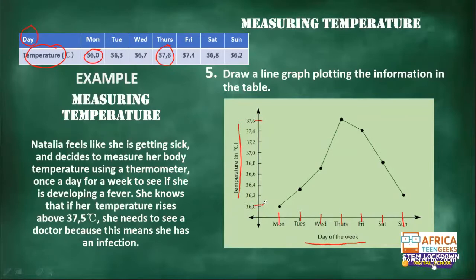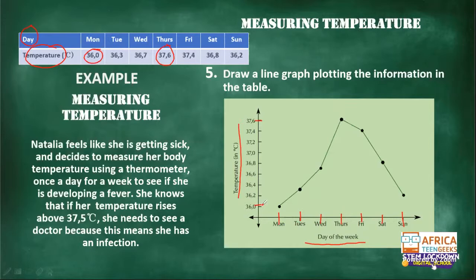You can decide if you want to add a few on top and on bottom, just to not make it run directly from the line or from the corner. That's up to you. Then we can just go day by day and plot that on our graph.